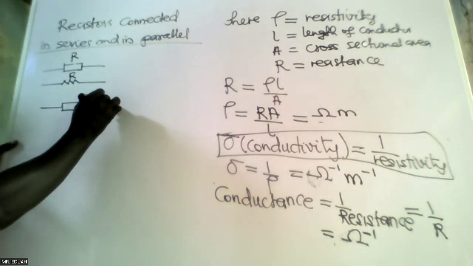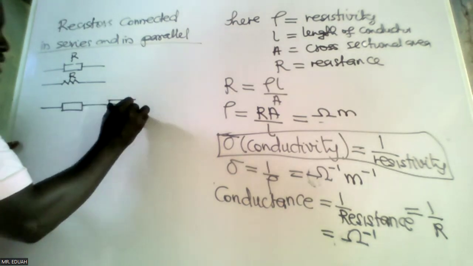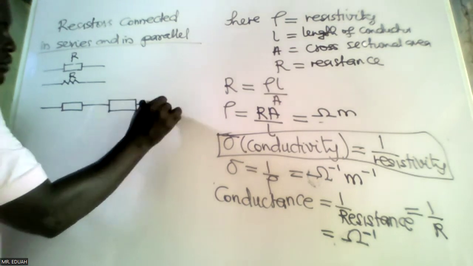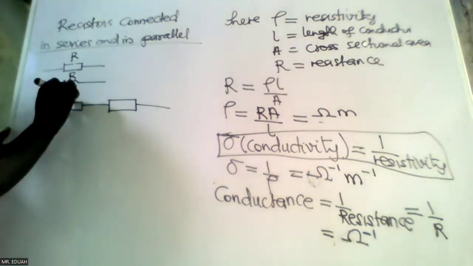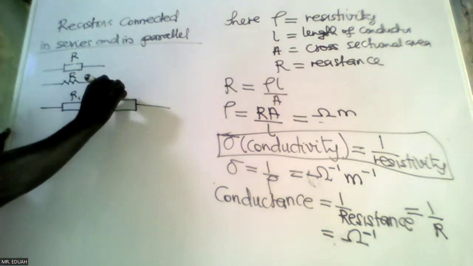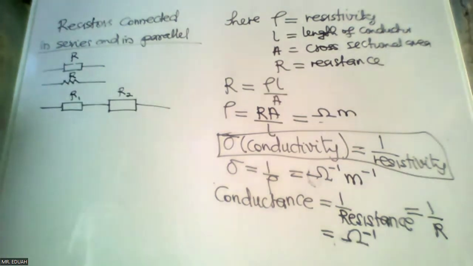So another resistor connected to one other resistor will be this. These are two resistors connected in series, R1 and R2, where 1 and 2 denote that they are different resistors.